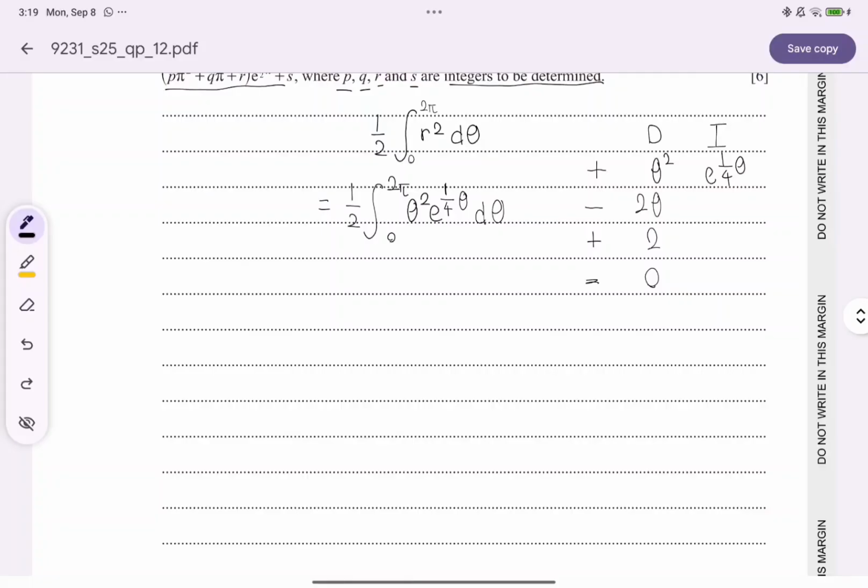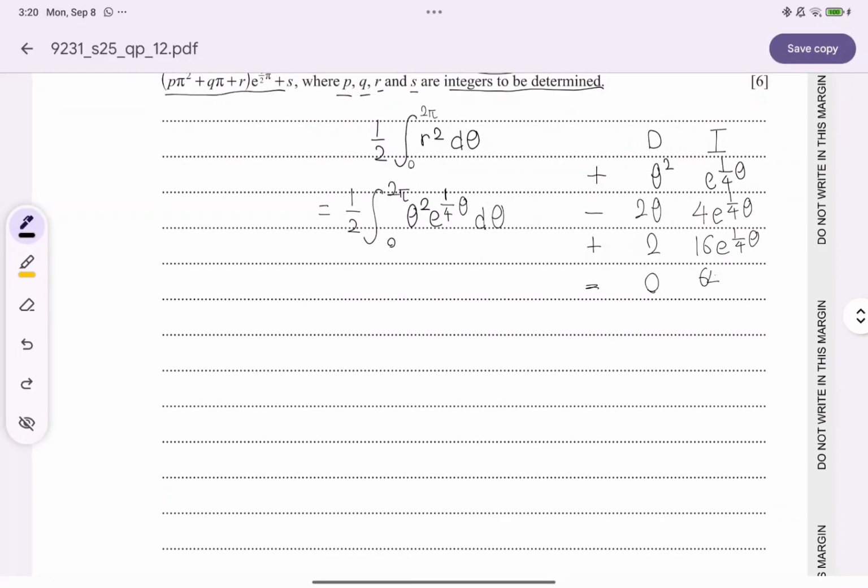So e to the power of 1 over 4 theta integrates to 4 times e to the power of 1 over 4 theta, and integrating again, you get 16 e to the power of 1 over 4 theta, and finally integrating again, 16 times 4 equals 64 times e to the power of 1 over 4 theta.